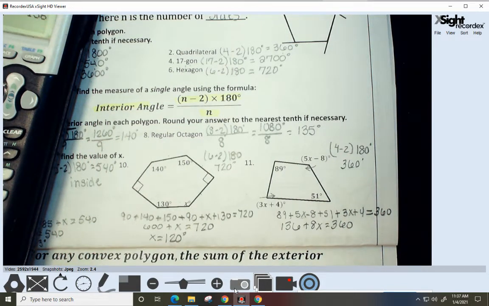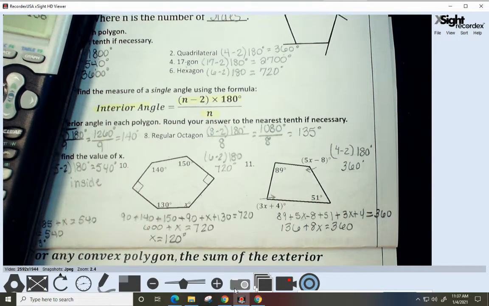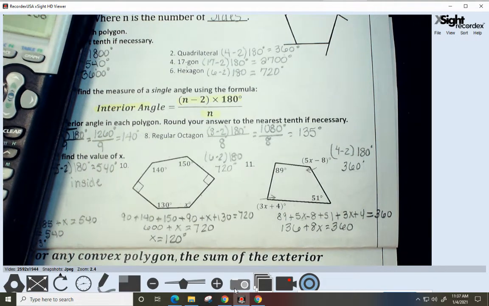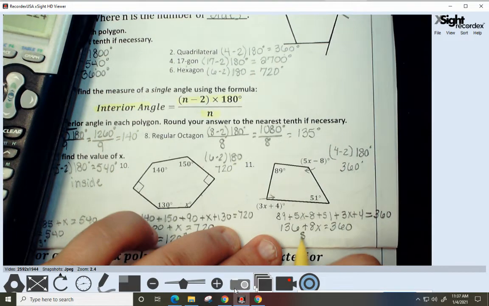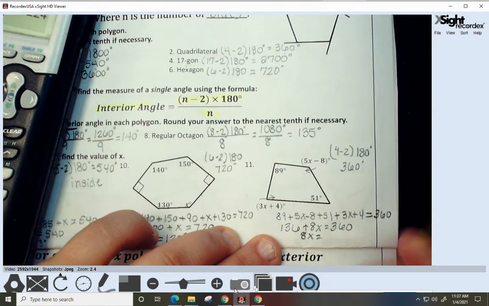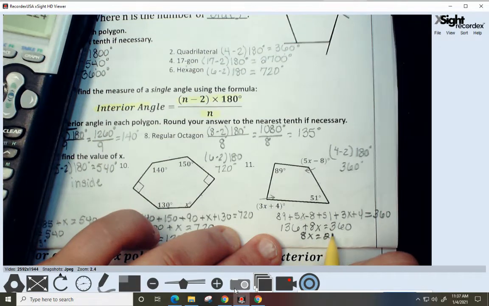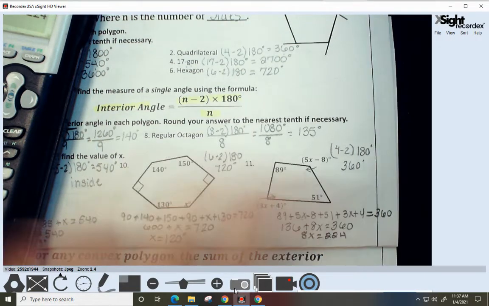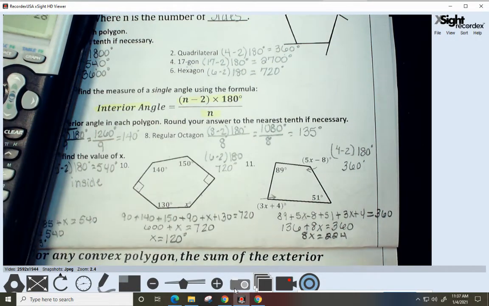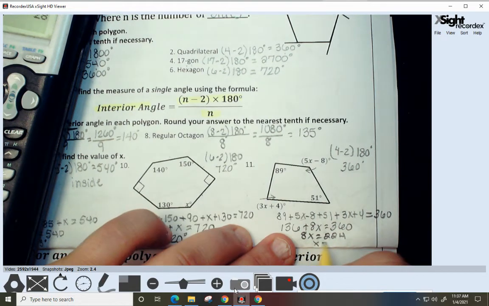I'm going to take away my 136. So 8x is going to equal 224. And then I'm going to divide by 8. So my x will equal 28.